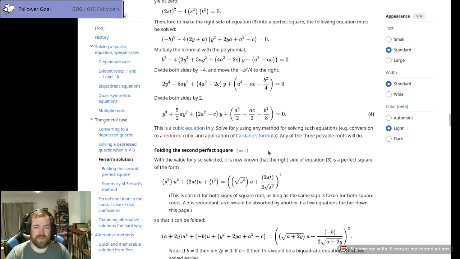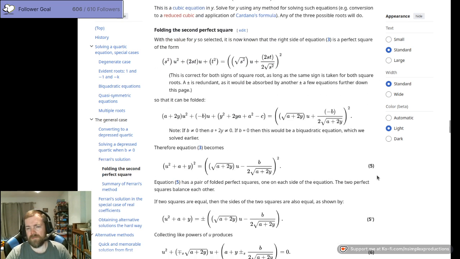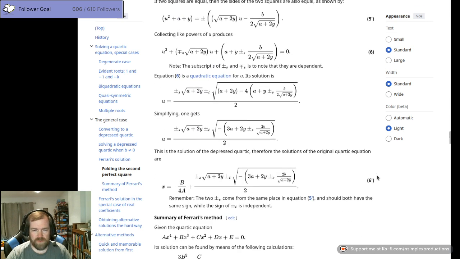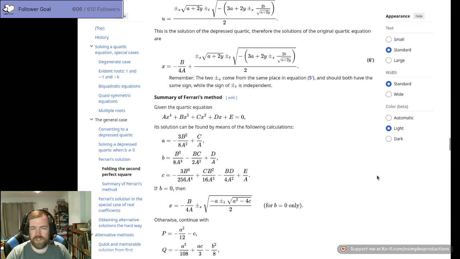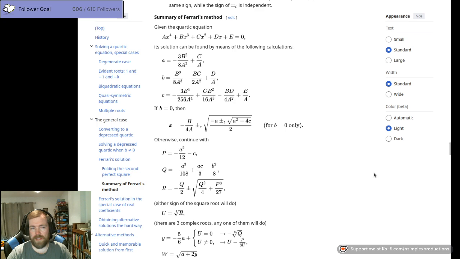And Ferrari ended up, again, publishing the method that we see here. And Cardano got a nasty letter from Tartaglia that said that he was a plagiarist and a horrible person for stealing his work and giving it to some no-named student. How dare he?